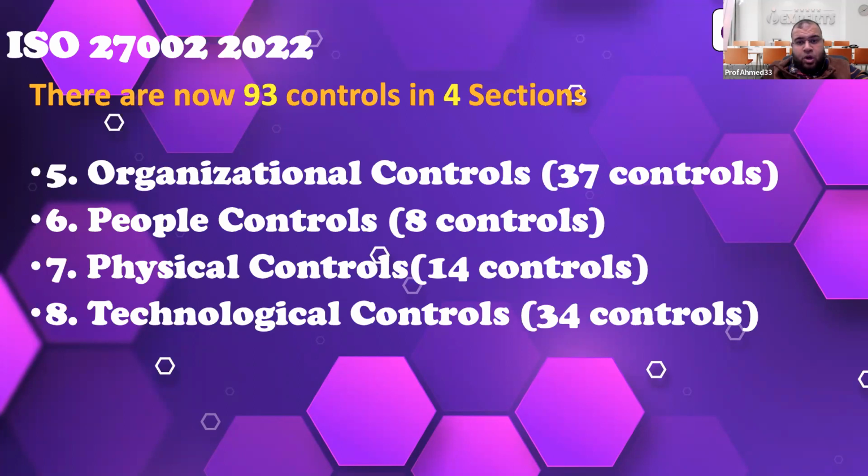Danny asked, which are the most difficult items in the new version? I cannot say difficult, I can say new, because at the end of the day, this is not something new for us. All of these controls, maybe we were covering in the Cloud Security Alliance Cloud Controls Matrix, CSA CCM version 4, the latest one.